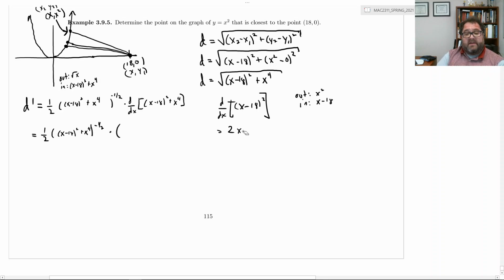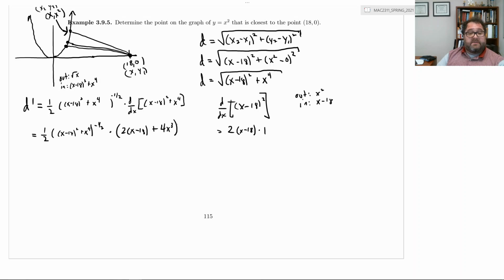But we immediately replace that x with the entire inside function, which is x minus 18, times the derivative of the inside function, but the derivative of x minus 18 is just 1. Okay? So we get 2 times x minus 18 plus the derivative of x to the 4th, which is 4x cubed. Okay?